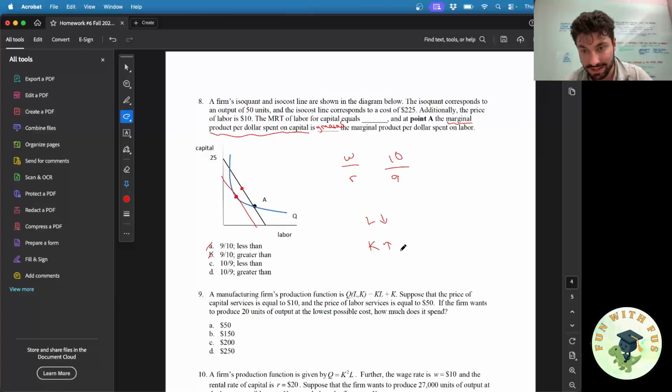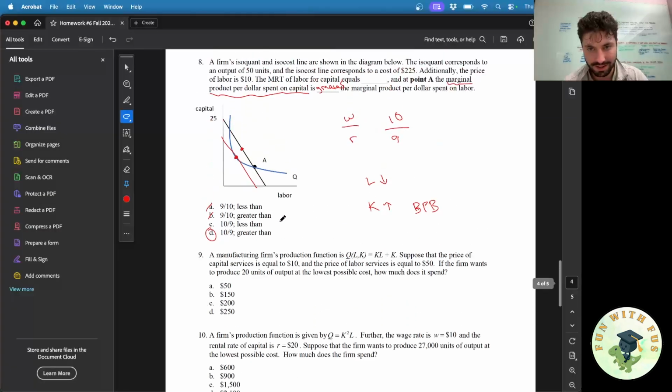So that tells me that the bang per buck on capital was higher, so I want more capital, and the marginal product of labor is going to be smaller. So in this case, I heavily shortcutted by using this awesome method of moving to the middle of the line.